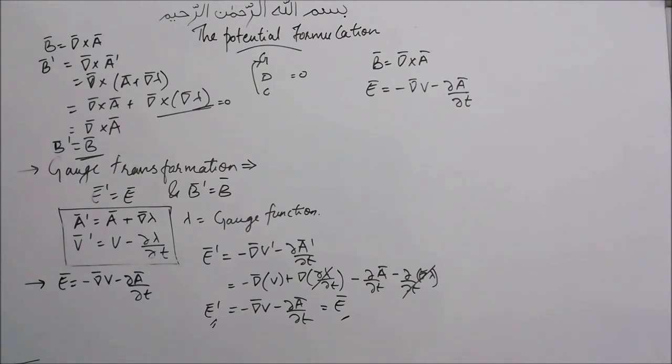So now we have Poisson's equations in 4 dimensions. 4 dimensions means the time is also involved.